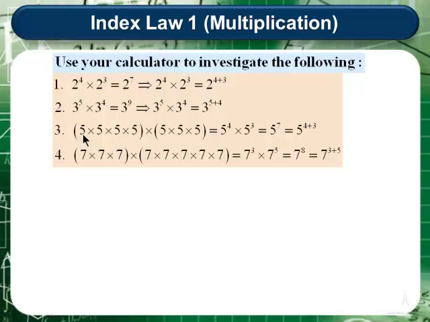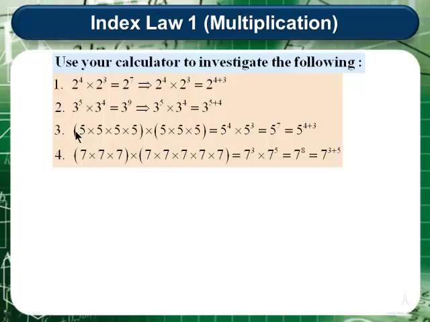with the expanded notation. In number 3 we start off with the product of the number 5 multiplied by itself 4 times, and this in turn we have 5 multiplied by itself 3 times. Of course, according to the exponential notation, you can write it like this.